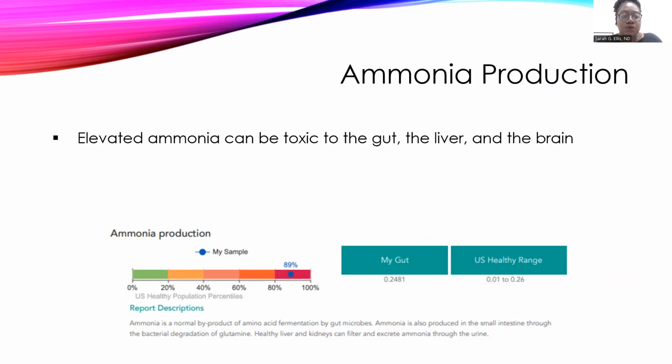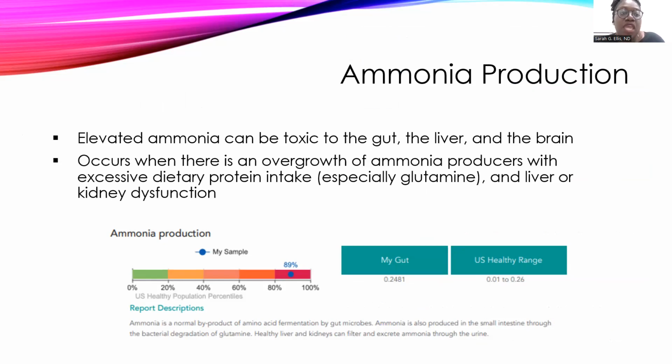Elevated ammonia can be toxic to the gut, the liver, and the brain. It occurs when there's an overgrowth of ammonia-producing bacteria with excessive dietary protein intake, especially glutamine. In addition, it can also occur when the liver and kidney are a bit sluggish and struggling to help clear ammonia from the body.